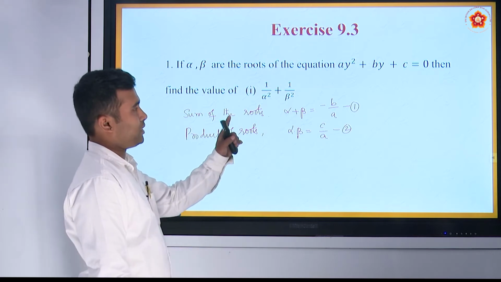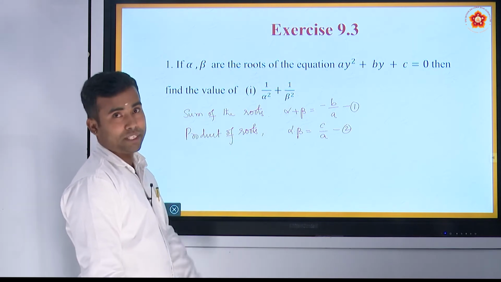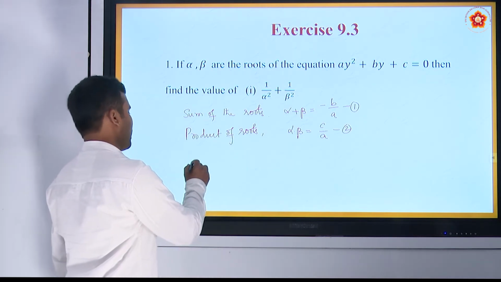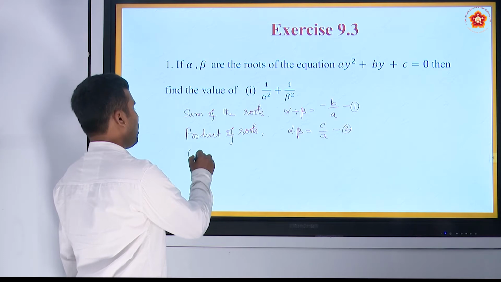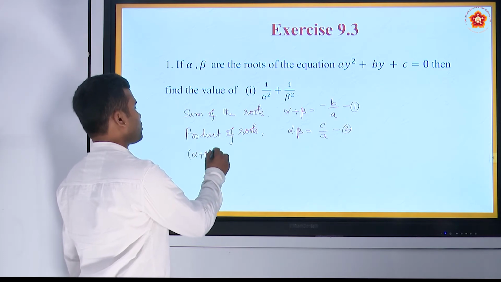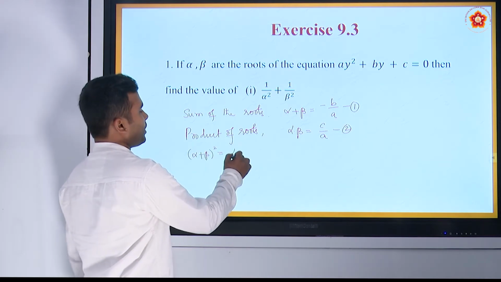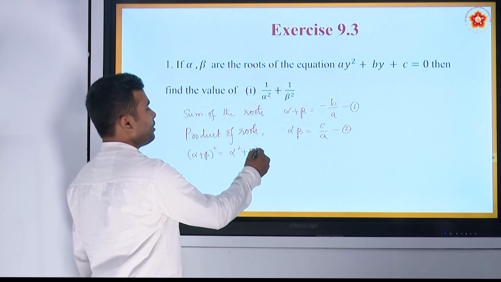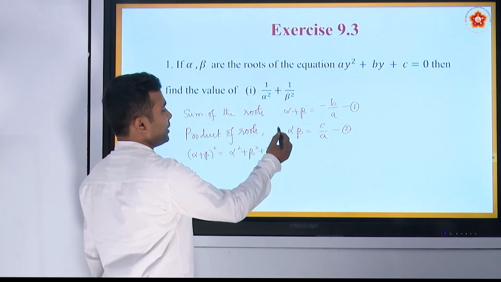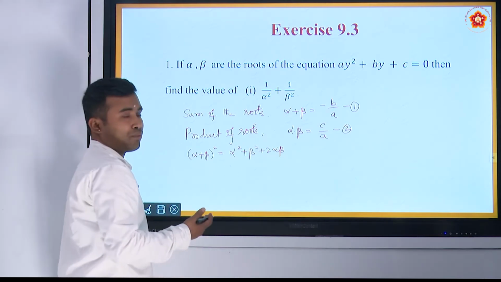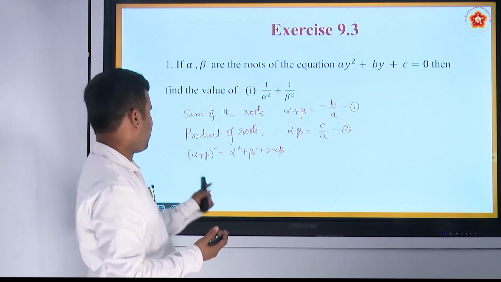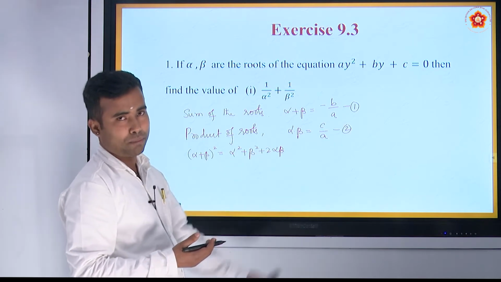Now we have to find what is 1 by alpha square plus 1 by beta square. So we know that alpha plus beta whole square is alpha square plus beta square plus 2 alpha beta. This is of the form a plus b whole square, as we have written a square plus b square plus 2ab.